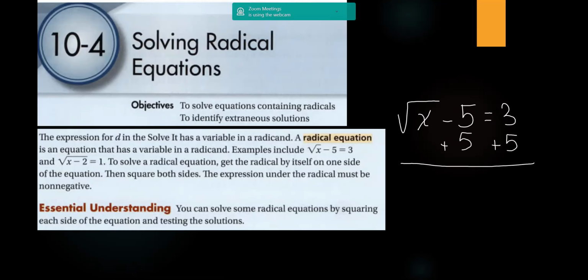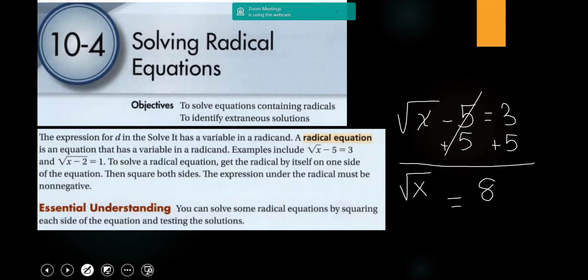After I move the 5, what do we have? We have square root of x equals 8.